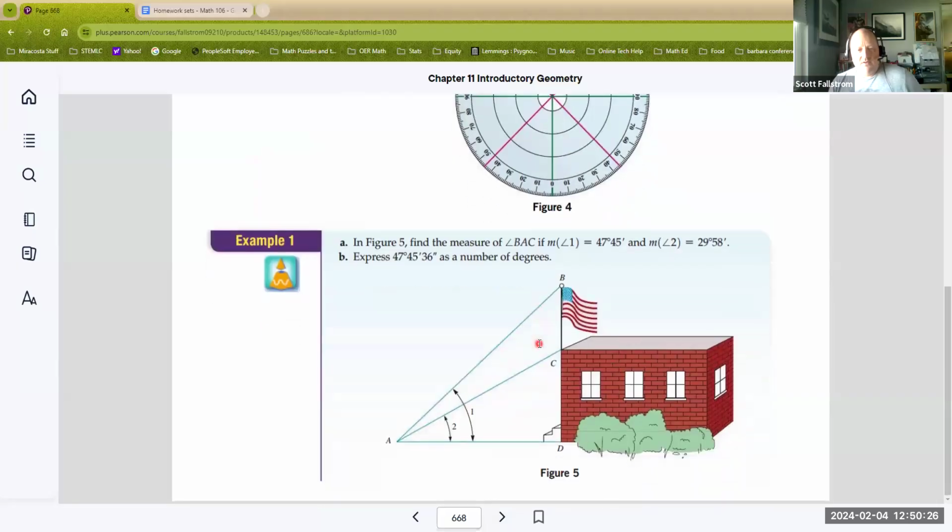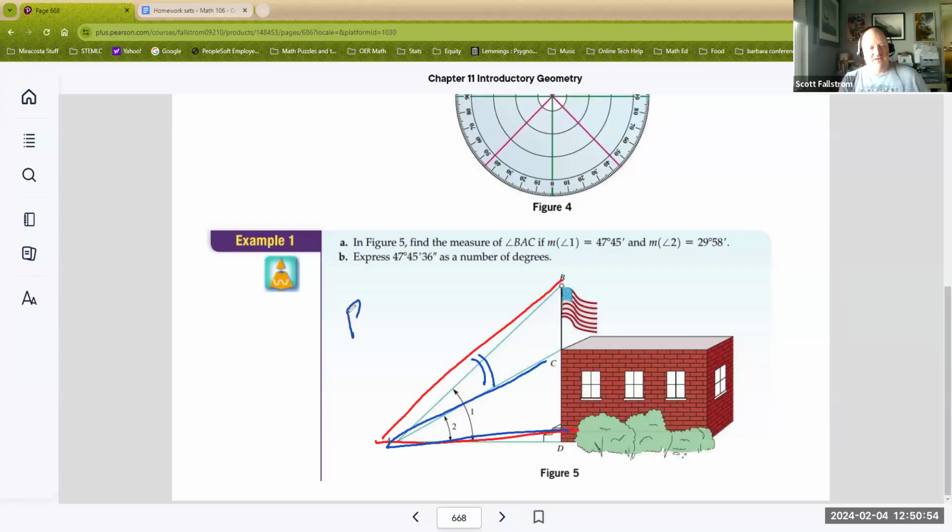All right. Let's see here. It says find the measure of BAC. Oh, very common piece here. This is a big one in geometry, and we're going to see it the whole term. If I give you a big chunk and then I give you a smaller piece, can you find what's missing?